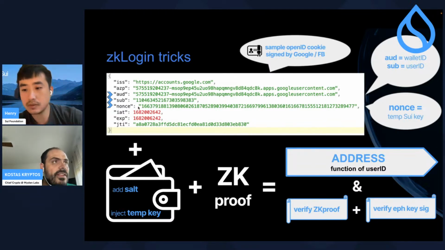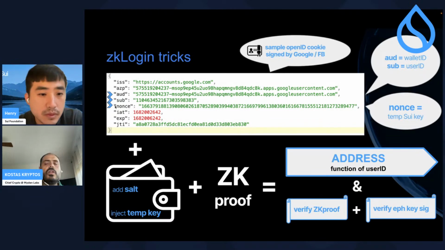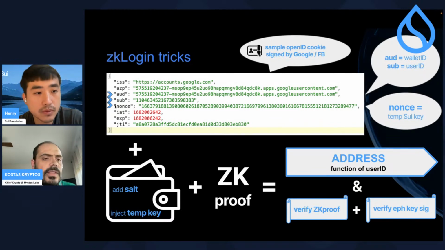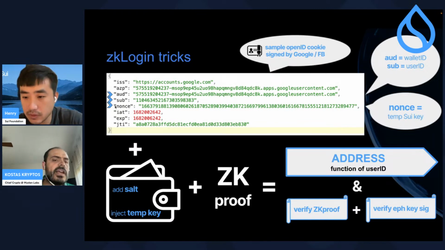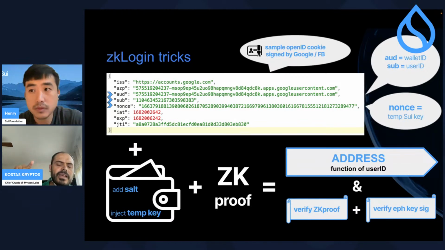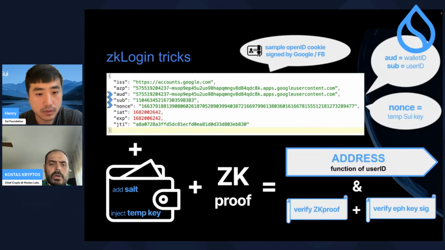If they don't have this nonce, we cannot support it. That's why we're looking now at providers that are compatible with zkLogin. You can just go and log in with Telegram and see, and actually you can even post it on our Telegram, if this is supported from the OpenID at Telegram at the moment. I believe they're not supporting nonce, and that's why we don't have it in the list.